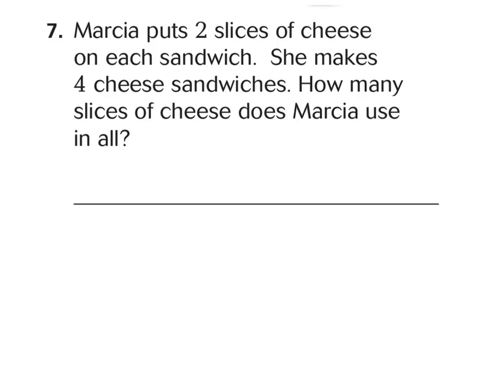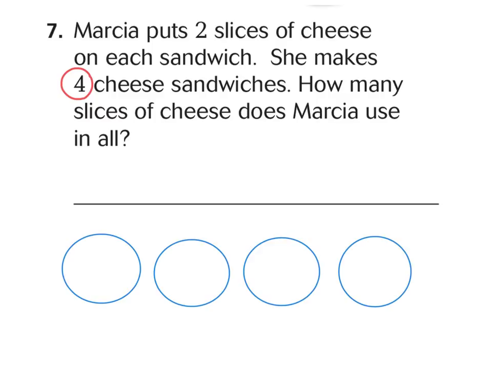Okay, now let's take a look at number 7 under problem solving. Marcia puts 2 slices of cheese on each sandwich. She makes 4 cheese sandwiches. How many slices of cheese does Marcia use in all? I'm going to draw 4 equal groups to represent my 4 cheese sandwiches.